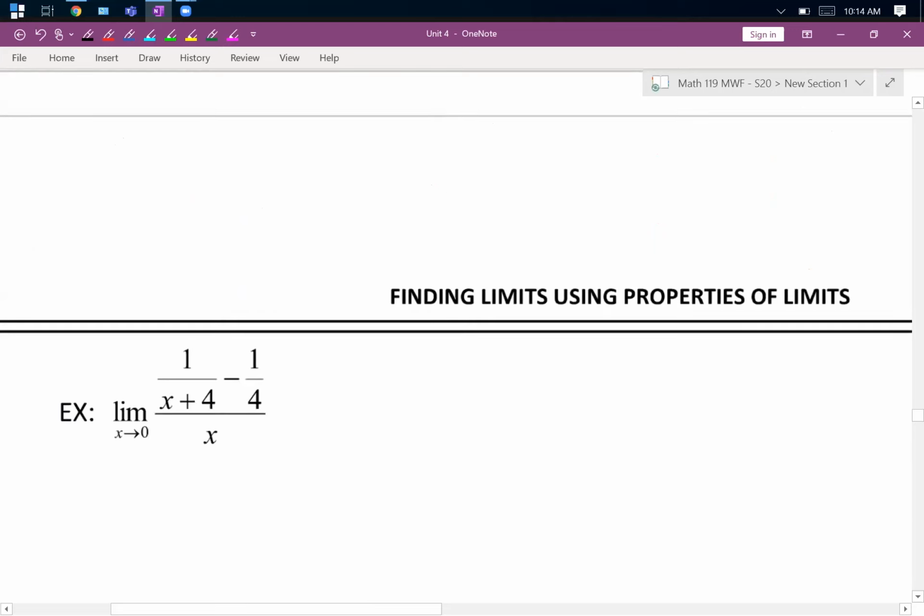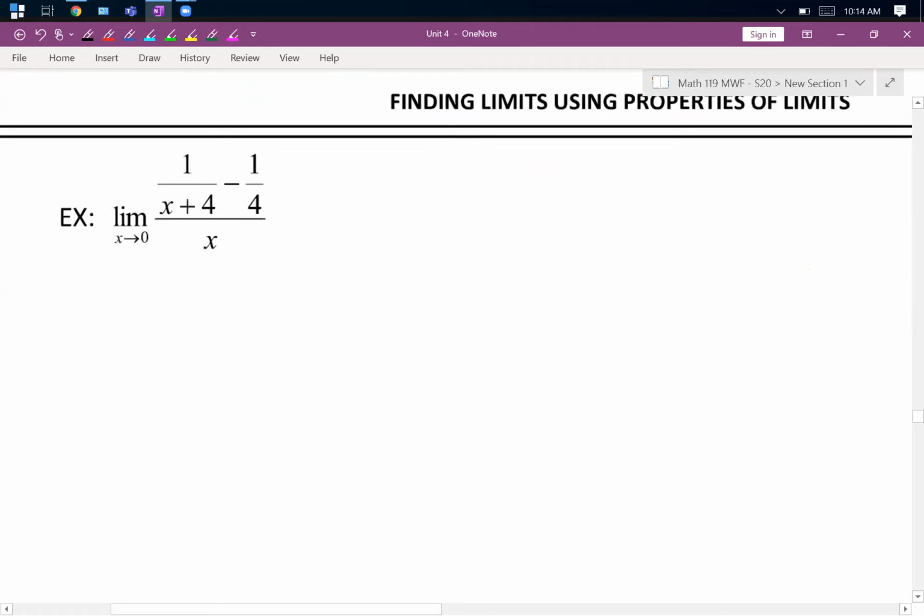So I got a couple here that are a little bit tough that I'm going to break you out to work on. For this first one, I'm going to get you started on the algebra. If I plug 0 in for x, I clearly have a problem because now I have this 0 in the denominator. So we need to try to fix that. We want to do algebraic manipulation to simplify this. Notice what we have is a complex fraction.